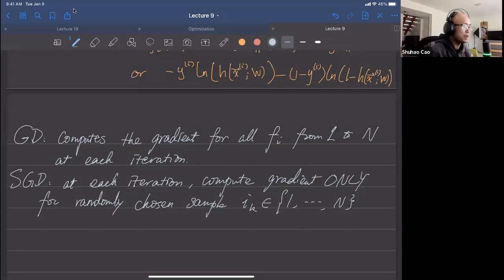And what is the advantage? The intuitive advantage of this is, for example, in the MNIST problem, when we want to design a neural network to recognize all the 10 digits, if we examine the data carefully, we will find that there are many samples that look alike.